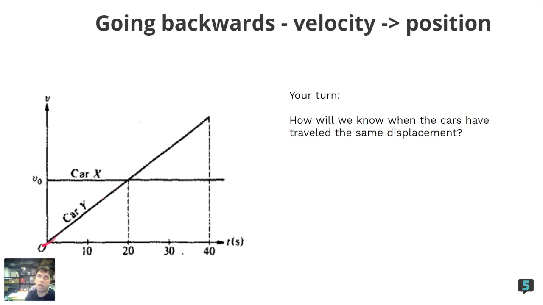So the area under car Y's graph, in this example this triangle, will be equal to the area under car X's graph. For this example, it happens at 40 seconds. They both will have the exact same area under the curve. If they didn't, then they would not have traveled the same distance. But for this example, right at 40 seconds is where they would have the same distance, or same displacement, traveled.